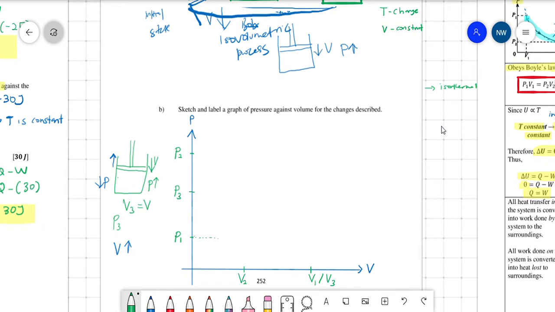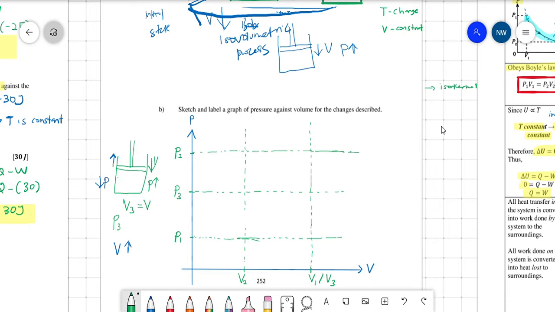Before you can plot it, you need to draw these dotted lines for every pressure. The dotted lines should be horizontal and vertical. Then we need to draw the temperature line, meaning the line where the temperature is constant.